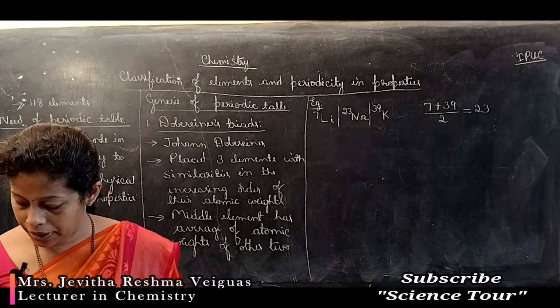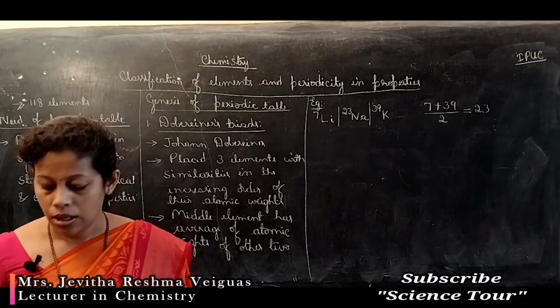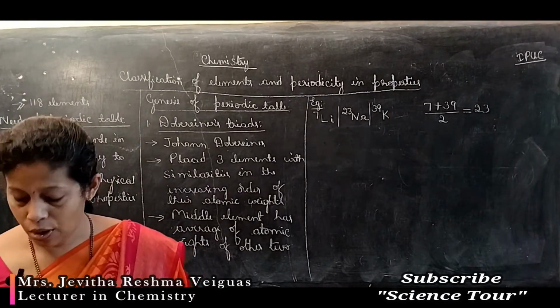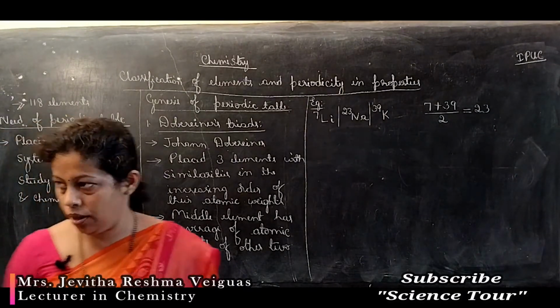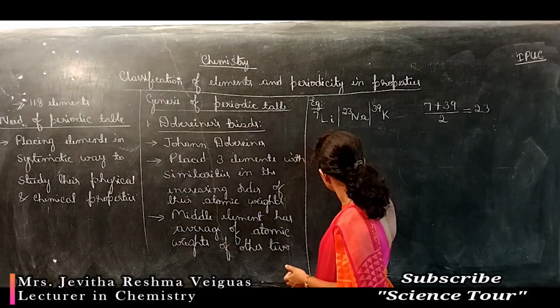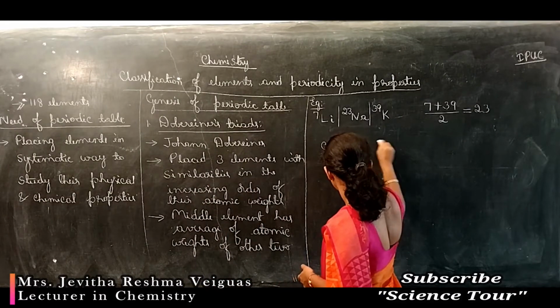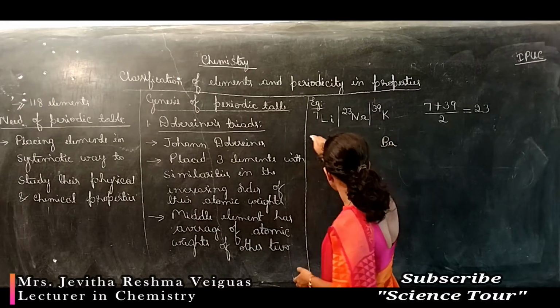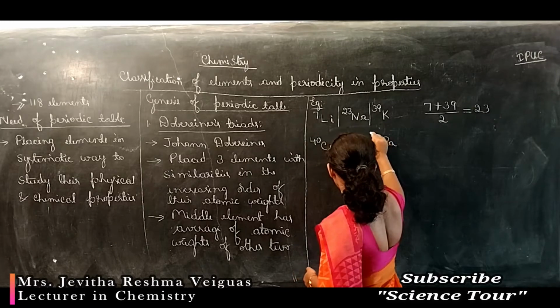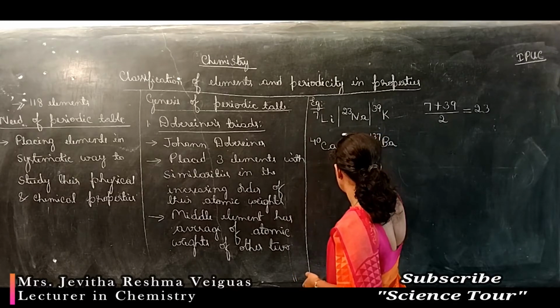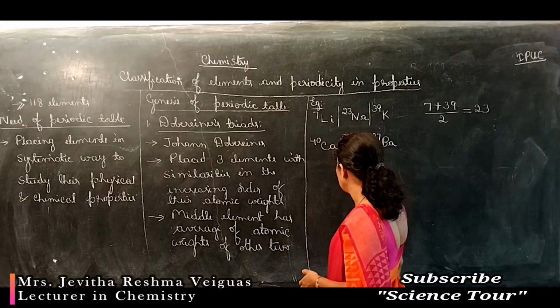Another Dobereiner triad is calcium, strontium, barium. Calcium atomic weight is 40, barium atomic weight is 137, strontium atomic weight is 88.